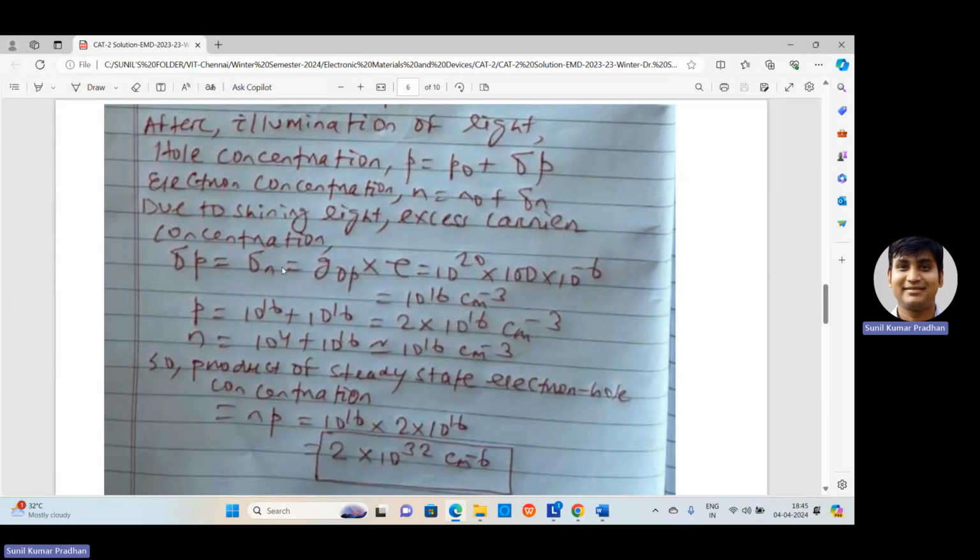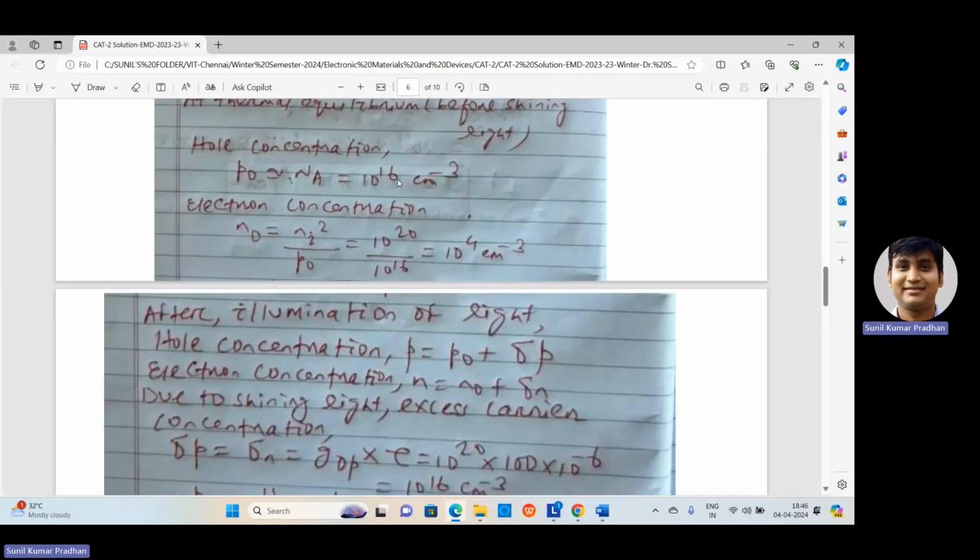Now this is the excess hole concentration, and this is the excess electron concentration. Del P, my excess hole concentration, is equal to the excess electron concentration. So what will be my P here? The hole concentration after illumination of light will be P naught. What is my P naught?